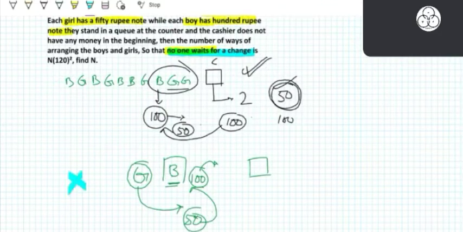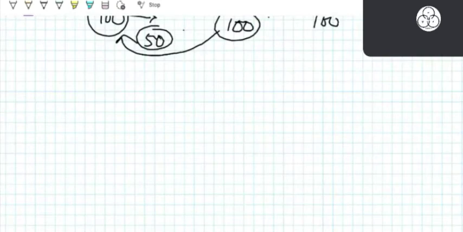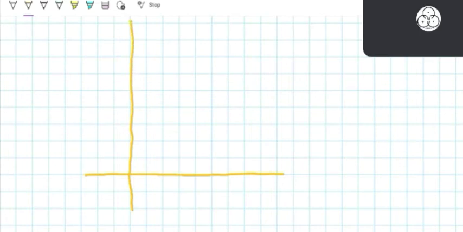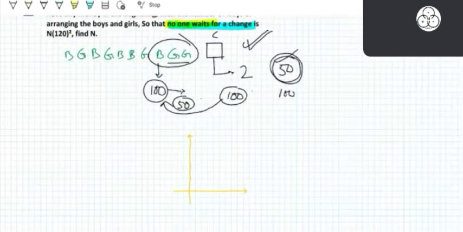Now we will draw this valid scenario in a 5 into 5 grid, in a coordinate plane. Let this axis denote girls and this axis denote number of boys.